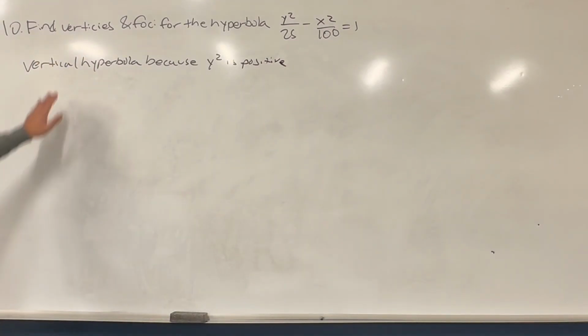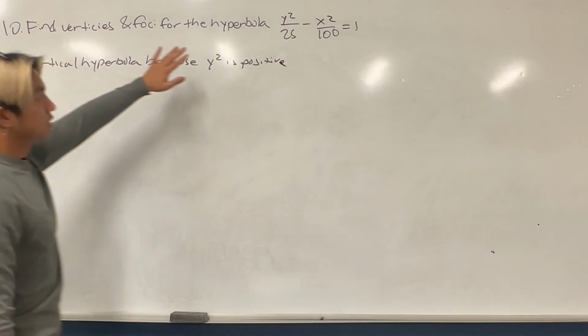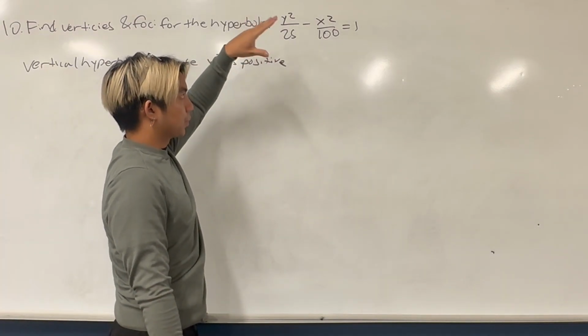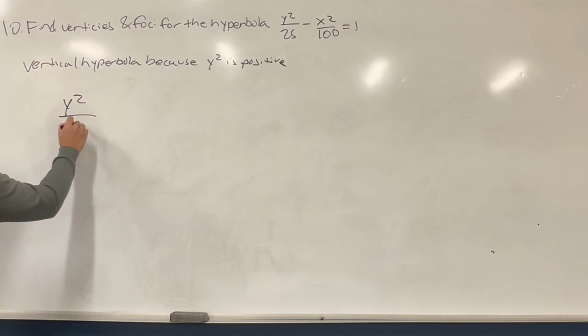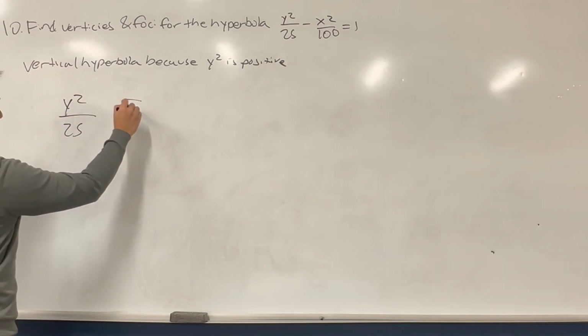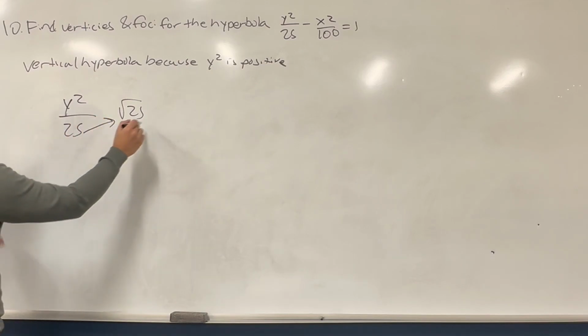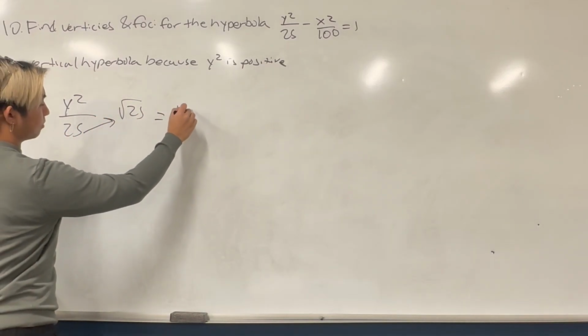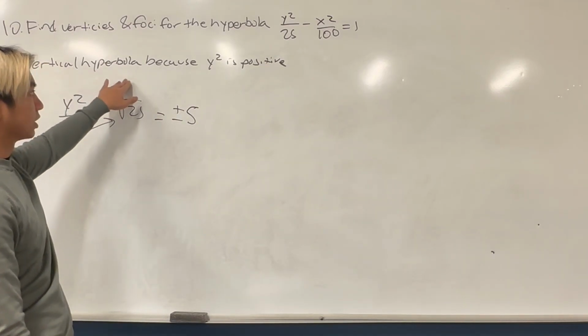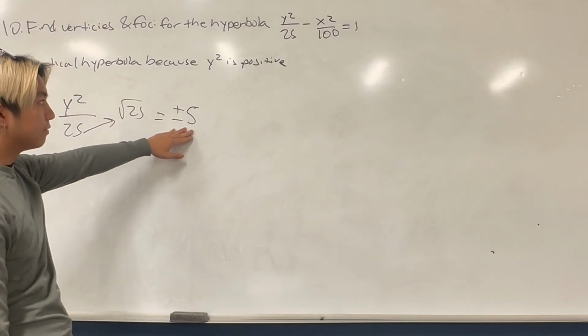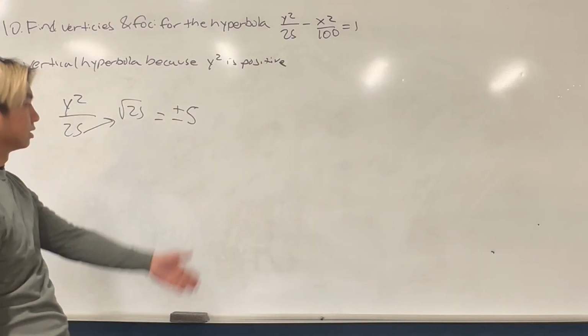So how do we find the vertices? Vertices are just the square roots of these numbers. So we have y squared over 25. If we take the square root of 25, this gives us plus and minus 5. We know that this is a vertical hyperbola, so that 5 gives us a vertex on the y-axis.